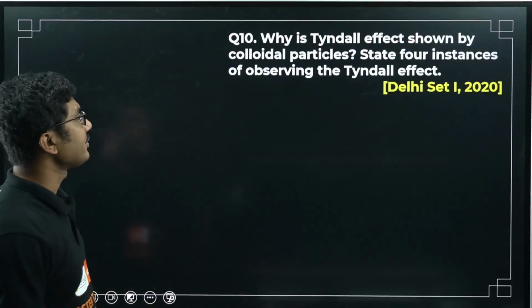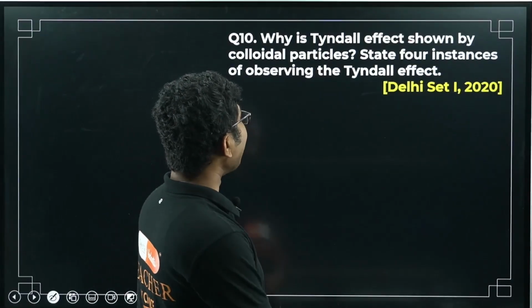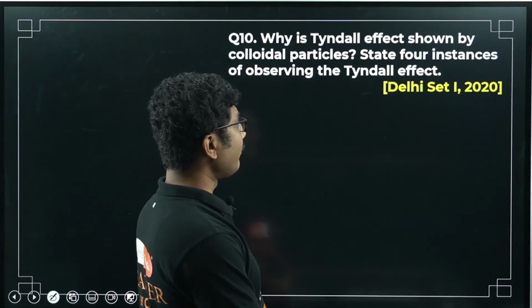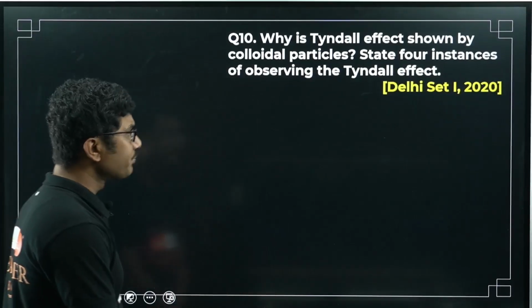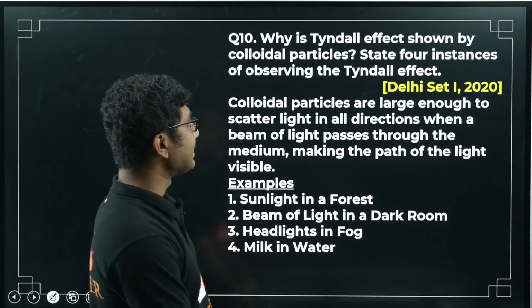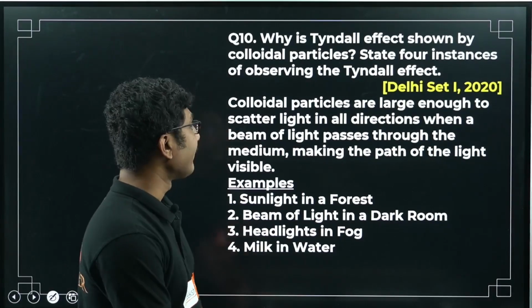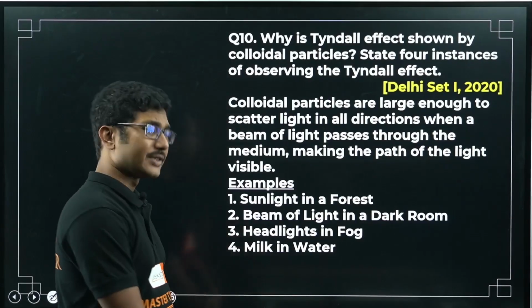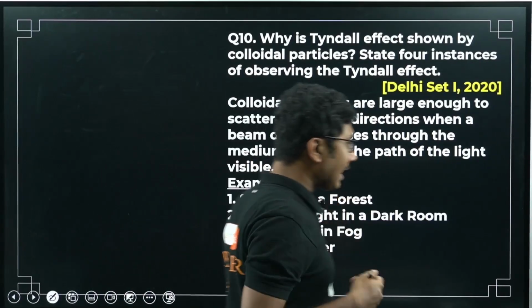Next question: why is the Tyndall effect shown by colloidal particles? State 4 instances of observing the Tyndall effect. Colloidal particles are large enough to scatter light in all directions. Colloidal particle means something like milk.